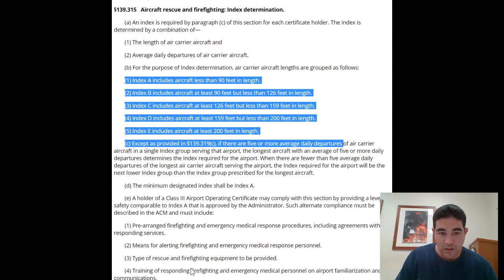But yeah, you can take a look and read all through here, but that's pretty much the gist of 139 through 315.